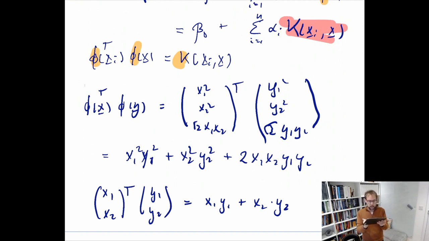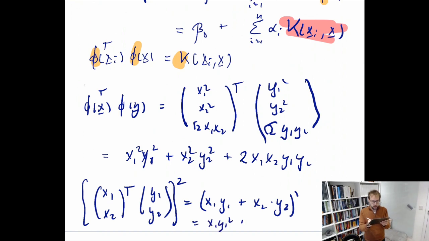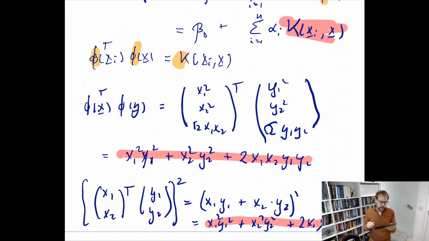And now if I would square this expression here, I would have this thing squared, and I would get (x1 y1) squared plus (x2 y2) squared plus 2 x1 y1 x2 y2. So you can see this is exactly the same. What I've written in this last expression is exactly the same as this.